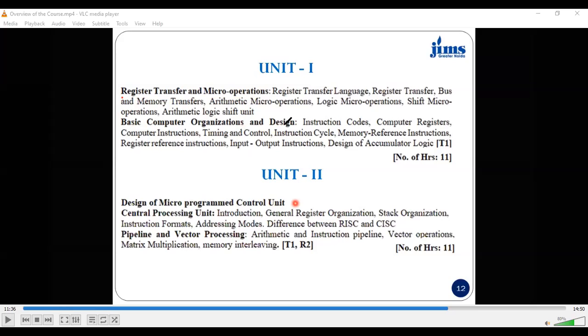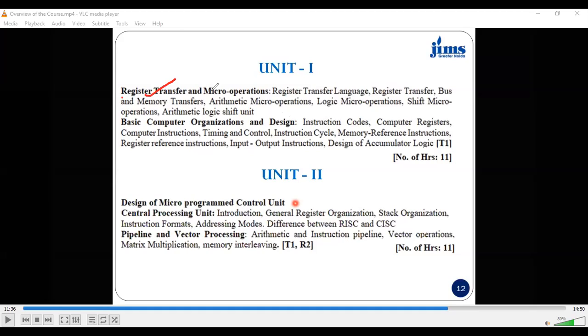We saw what computer architecture is, what computer organization is, and the difference between computer organization and computer architecture, and what the basic block diagram of a digital computer is, as well as how things are processed between all the components. Today we will discuss register transfer and micro operations.